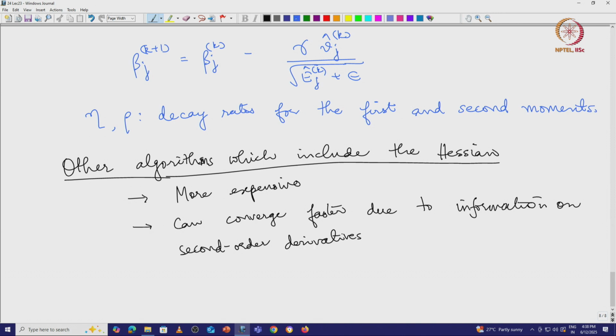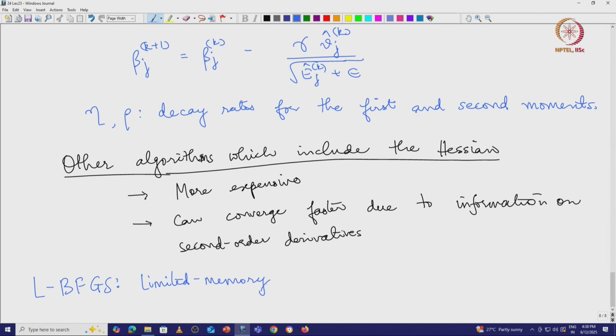One of the most famous algorithms in this category is the LBFGS algorithm. So, this is the limited memory BFGS algorithm, and BFGS stands for the initials of the people behind this.